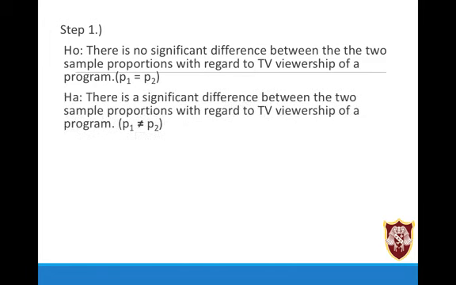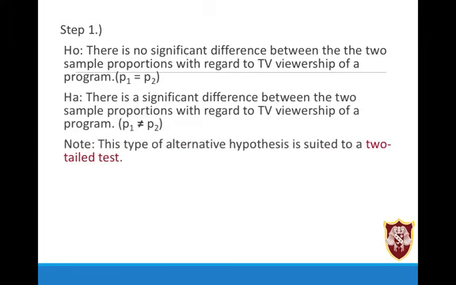And then for our alternative hypothesis, we say that there is a significant difference between the two sample proportions with regard to TV viewership of a program. So in symbols, P sub 1 is not equal to P sub 2. So again, since we use the not equal symbol, this means that we have to perform a two-tailed test.